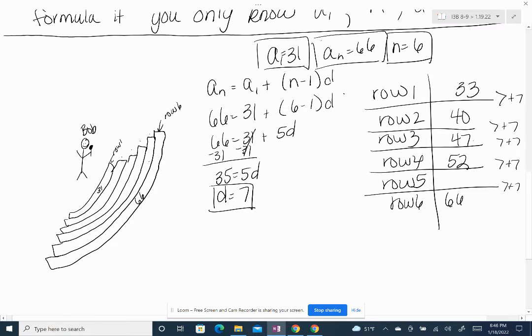I think I did that wrong. Oh, that's what I did wrong. My first number is wrong. Okay, so I have 31 plus 7 is 38. Plus 7 is going to give me 45. Plus 7 is going to give me 52. Plus 7 is going to give me 59. And then I get 66. Okay, so that would be your sequence.